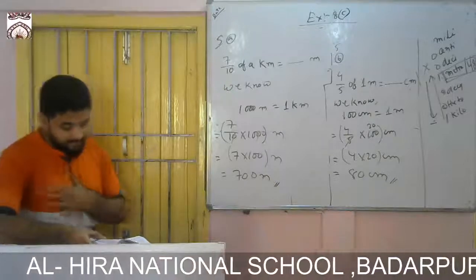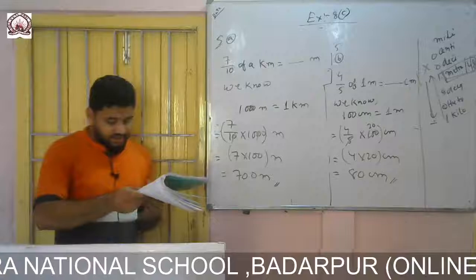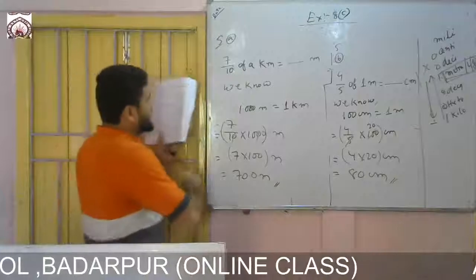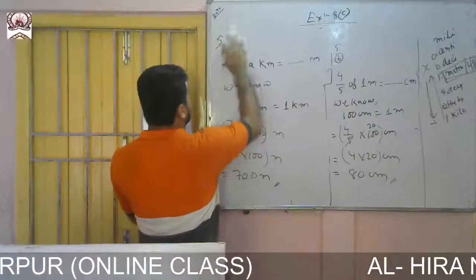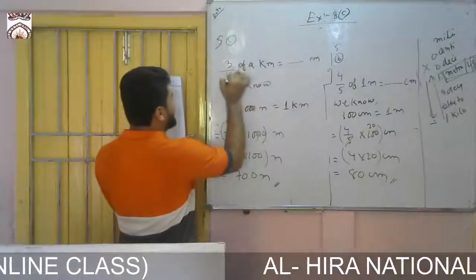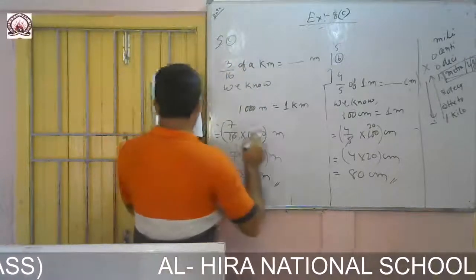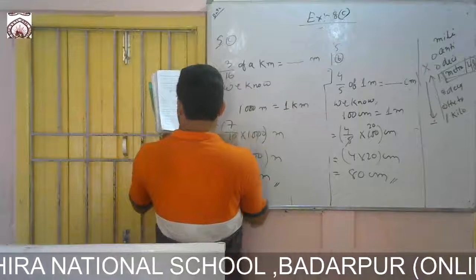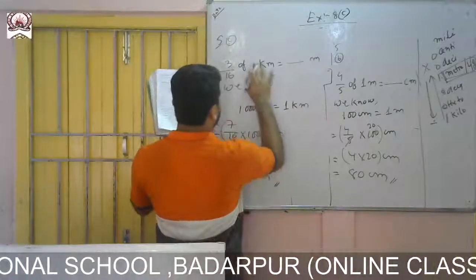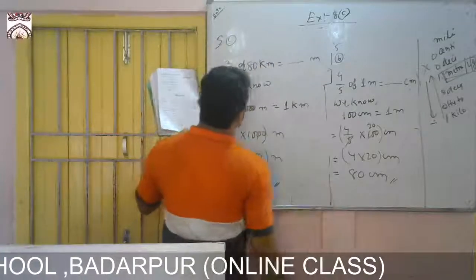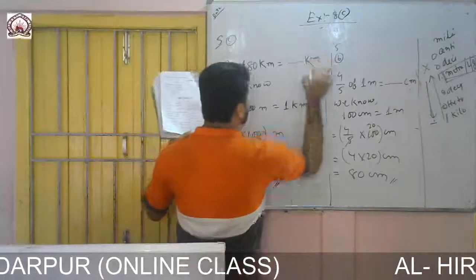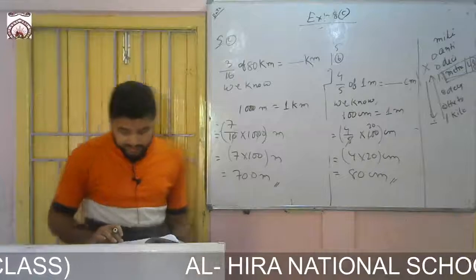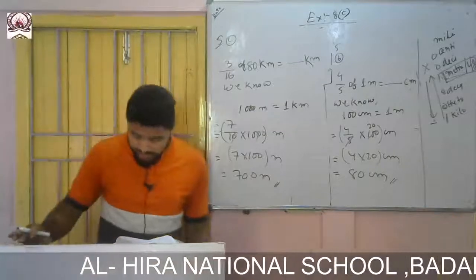So question number C, what is there? 3 by 16 of 80 kilometer, equals to again kilometer.